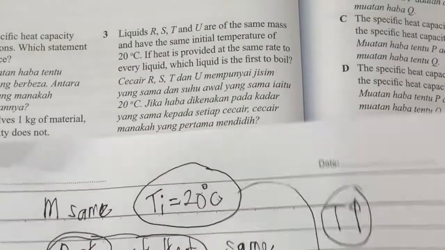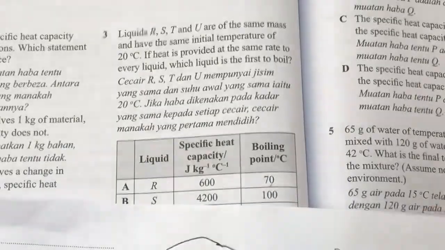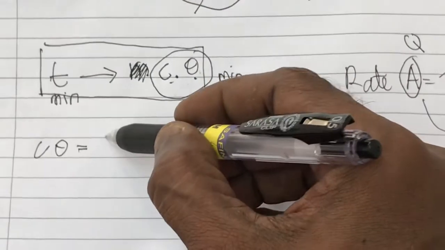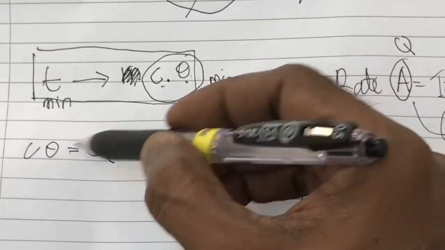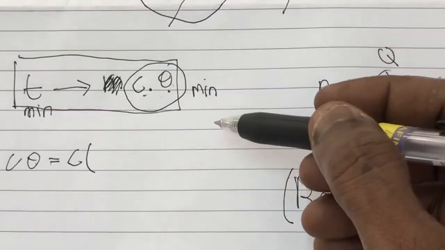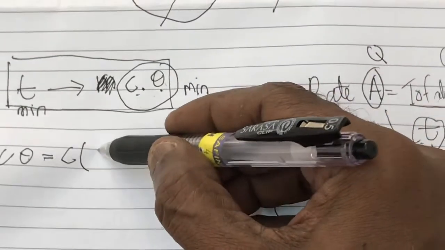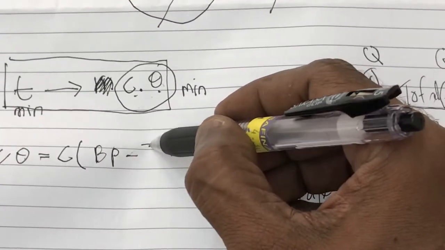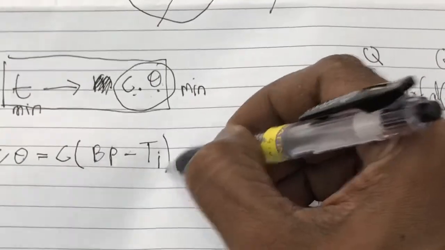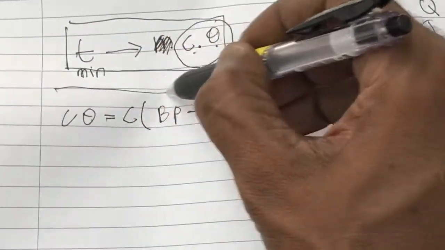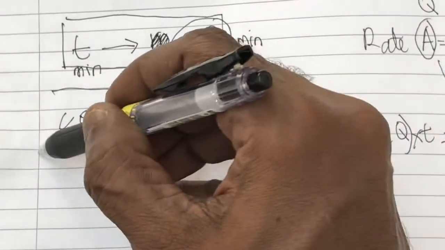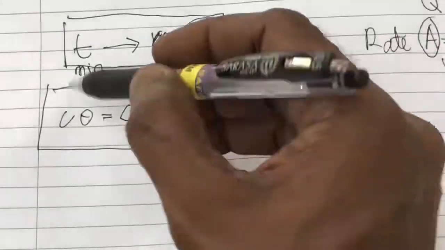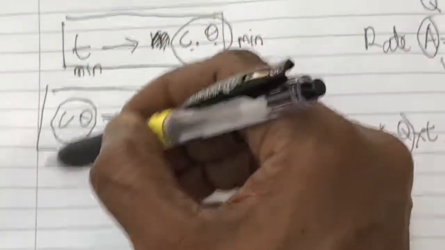We were given the boiling point. This theta would be the change in temperature, which is the boiling point, higher, minus the initial temperature 20, which was lower. We want to get the minimum time, so we need the minimum value of c theta.